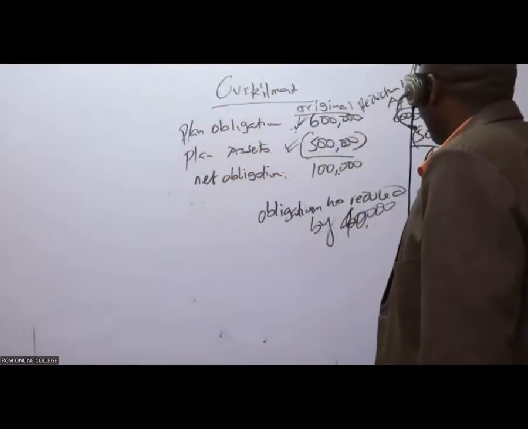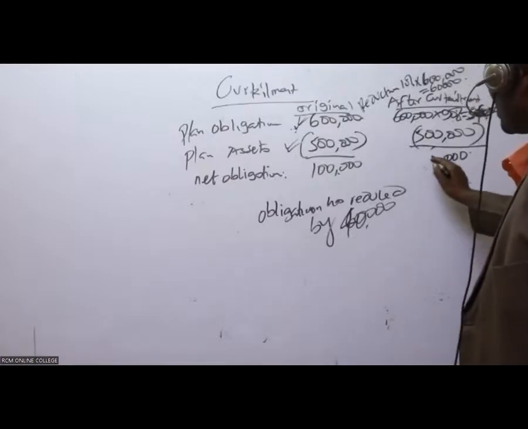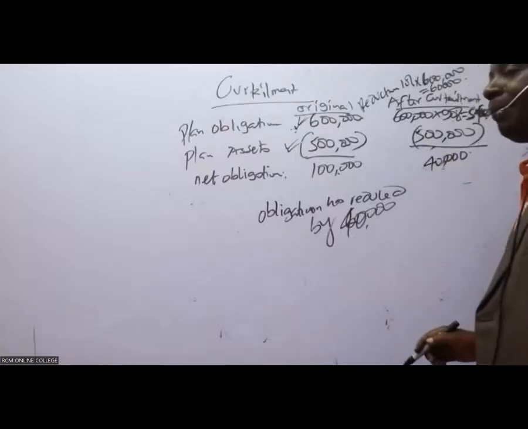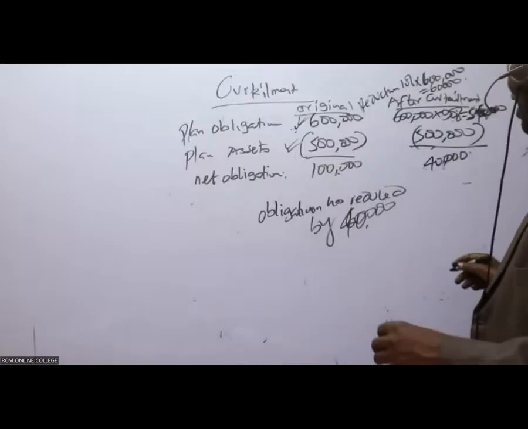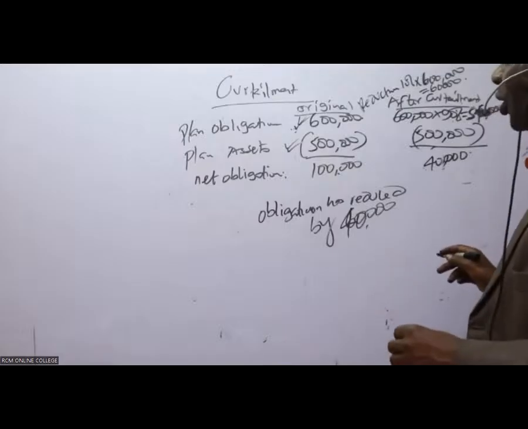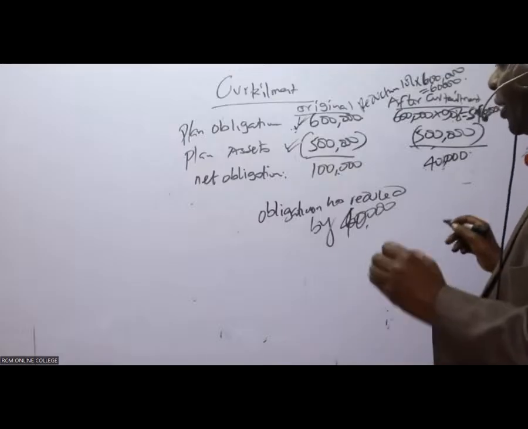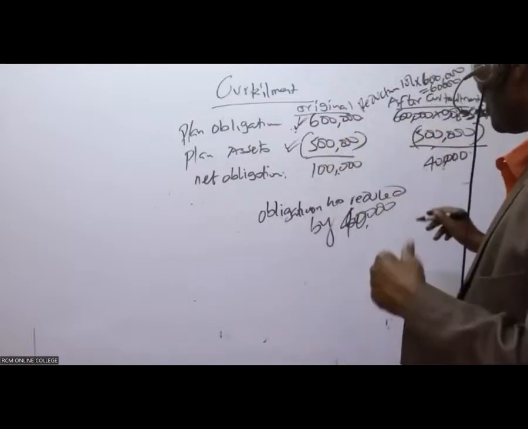Therefore, ladies and gentlemen, which is part of learning anyway, in this case we can see 40,000 like that. So if that is the case, the obligation has reduced by how much? You can see the net, initially it was 100,000. After curtailment, now it's 40,000.